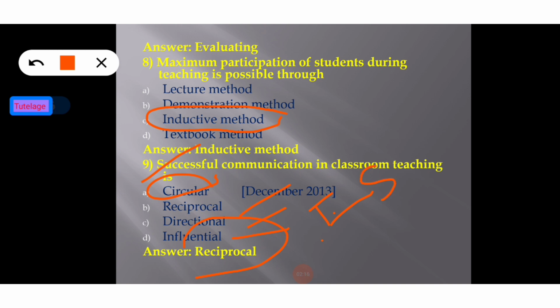Some information is passed on to the students, and some answers are passed on to the teachers. So that's why this process is known as reciprocal. So option number B is the correct answer.